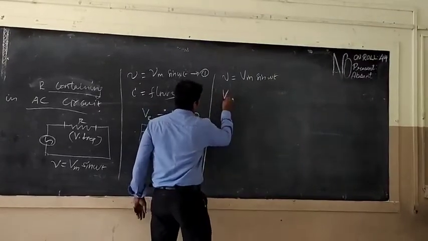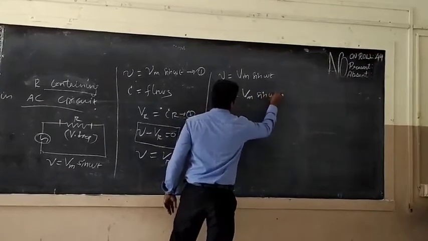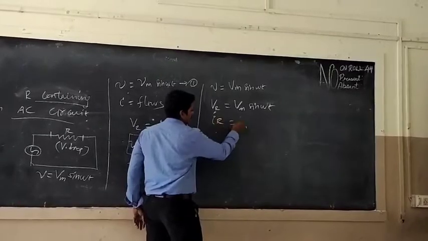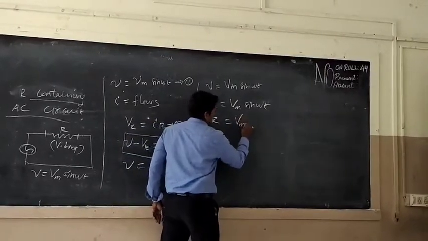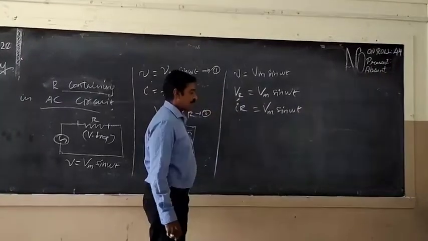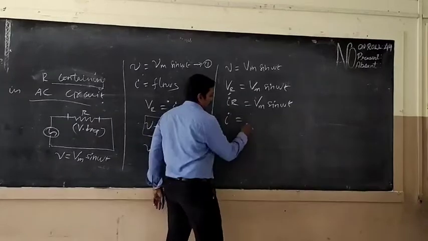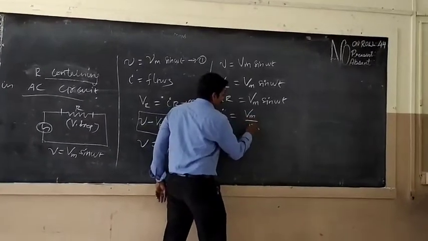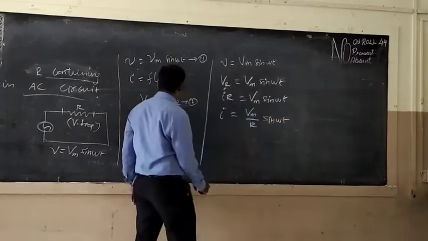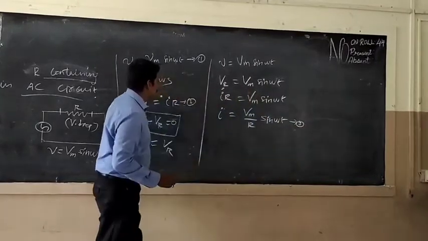V is equal to VR is equal to Vm sin omega t. What is VR? That is equal to IR. IR is equal to Vm sin omega t. Now we find the current: I is equal to Vm by R sin omega t. That is equation number 3. Compare equation numbers 1 and 3.